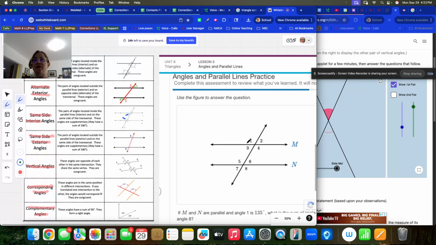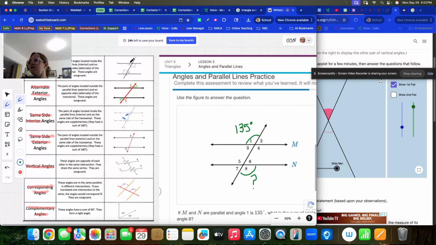Angle 1 here is this nice wide obtuse angle, and they've told me it's 135 degrees. Angle 8 is way down here. That's what we're trying to find. So I'm going to look at my diagram and see if I can find one where I've got the top left angle in the first set of angles and then the bottom right angle in the second set.